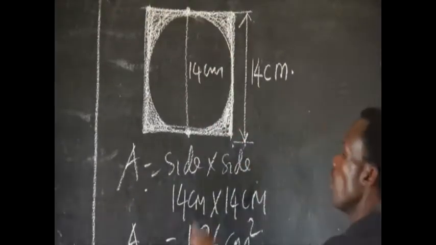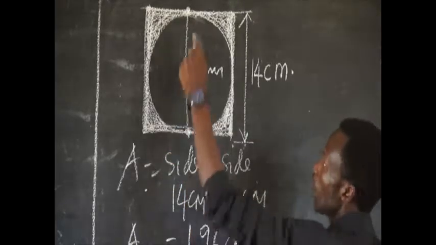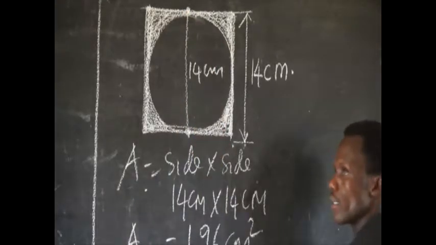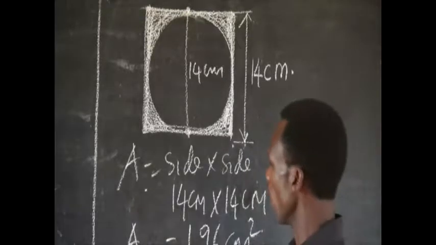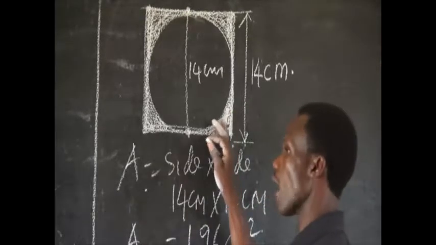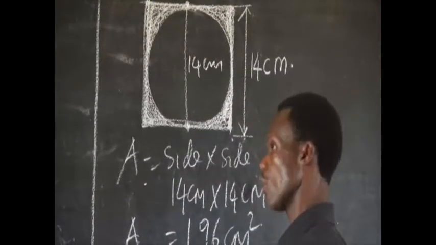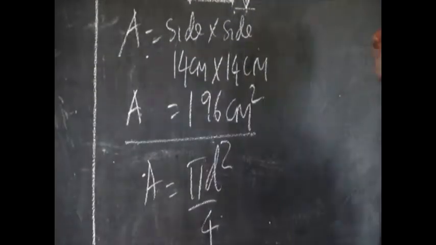The distance from one side of the circle to the opposite side is called the diameter. Finding the area of a circle with the diameter, we say the area is equal to pi d squared over 4. This is the formula we use.